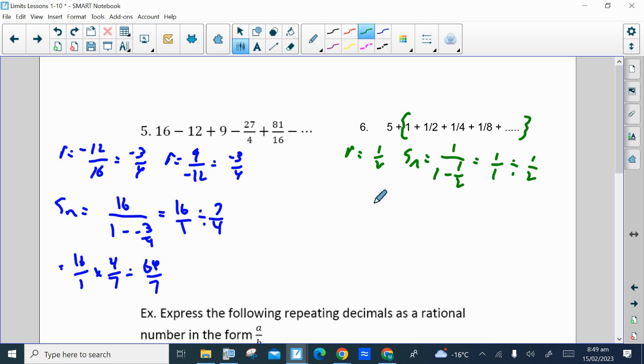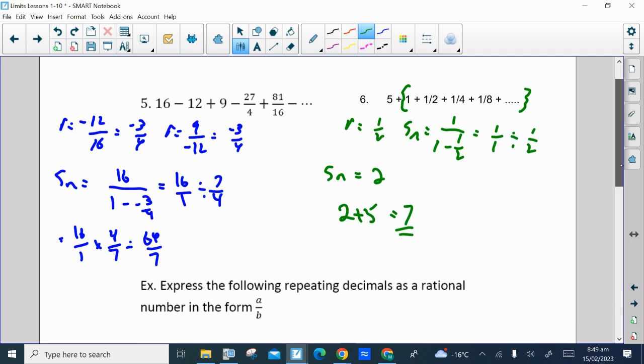And dividing by a fraction is the same as multiplying by the reciprocal, so you can do it that way, or you can also say 1 divided by a half is 2. But then we have to add the 5 on after. And so there's your answer. In this case, the more terms that you add to this series, the closer the sum will get to be 7. But again, it'll never actually get there.